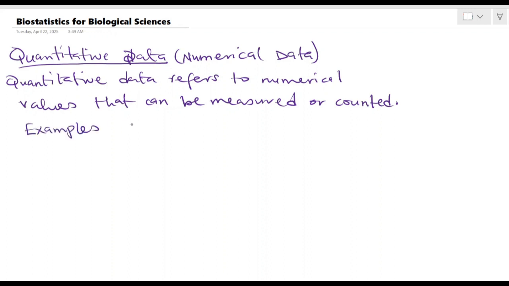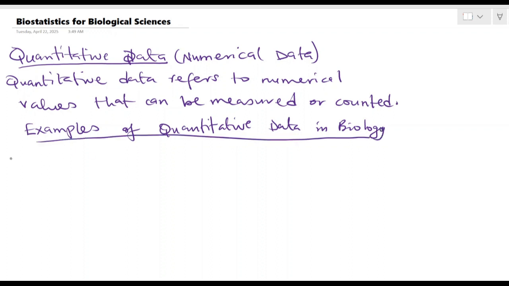Examples of quantitative data in biology. Number one, we have the height of a plant.